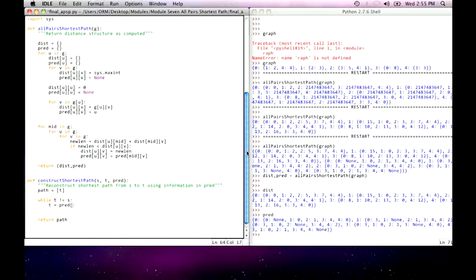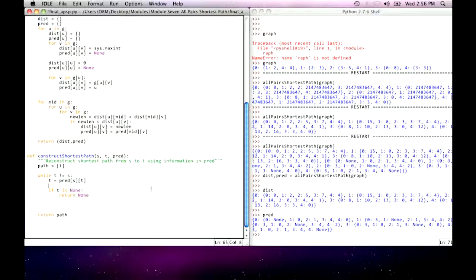So I decide to go from my predecessor, S to T. So I want to start at T. I want to work my way all the way back to S. Well, let me go backwards. If it turns out that T is none, then for whatever reason, this is my escape hatch. This should never happen. But it's good to have at least some protection against potential defects.